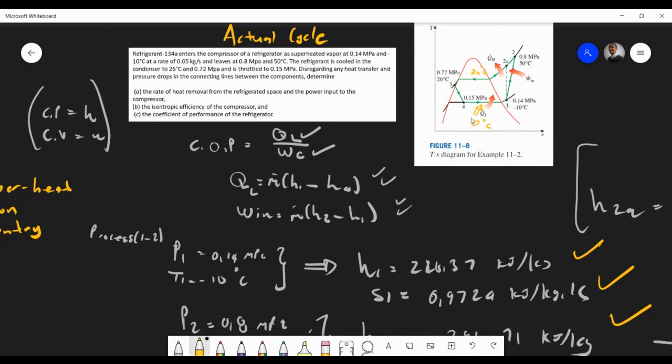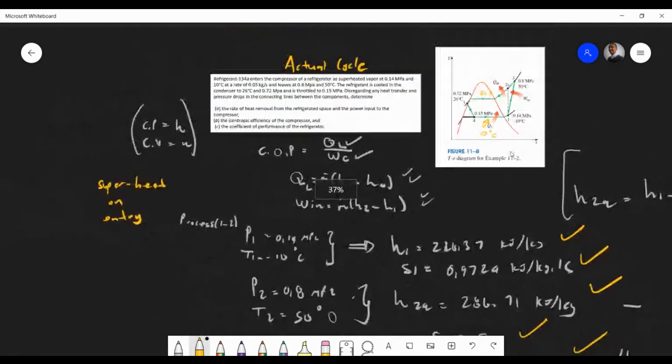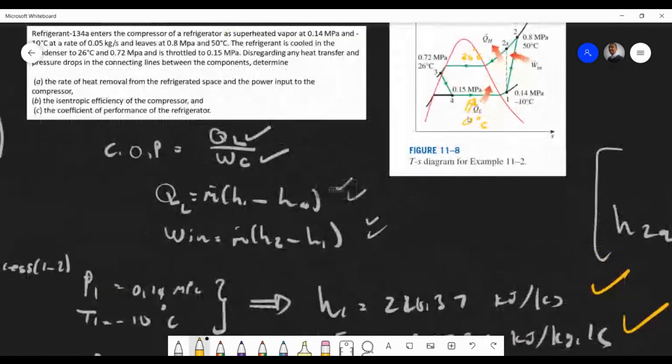They're saying to disregard any heat transfer and pressure drops in the connecting lines. So let's work out QL, the heat removal. This is where your objects are, and it's extracting heat.